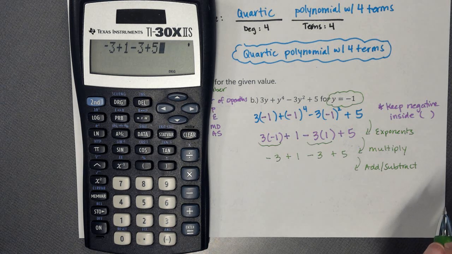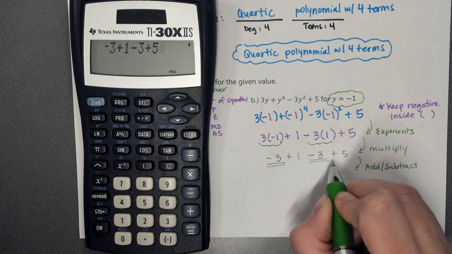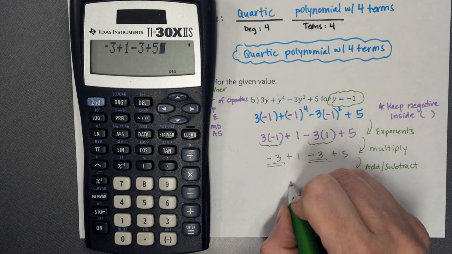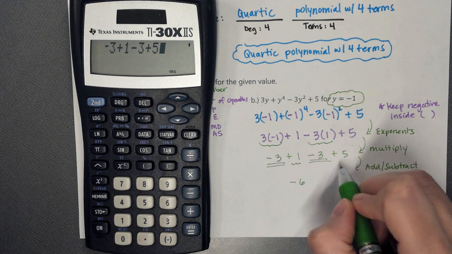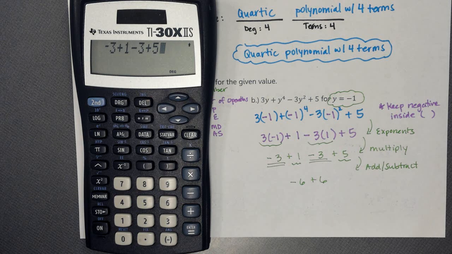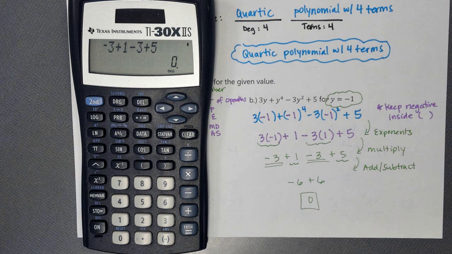Okay, and then what do you get when you total them up? Sometimes what I do is, if I don't have a calculator out, I just do -3 and -3. I know that's -6. 1 plus 5 is 6. What's -6 plus 6? 0. Okay, so 0 is a number. You can get 0 as your final answer. That's okay.